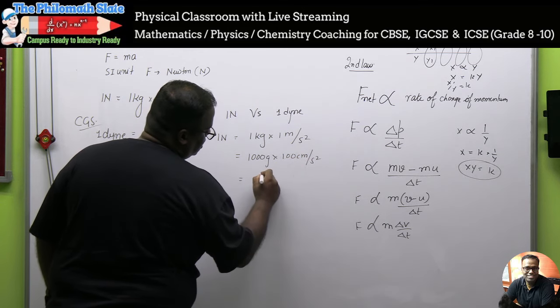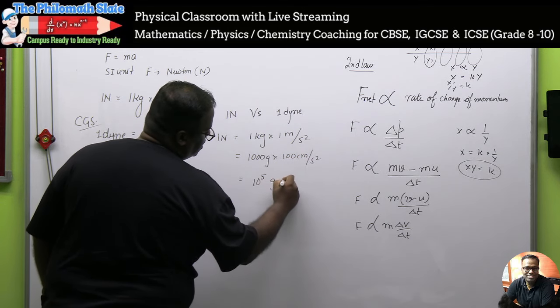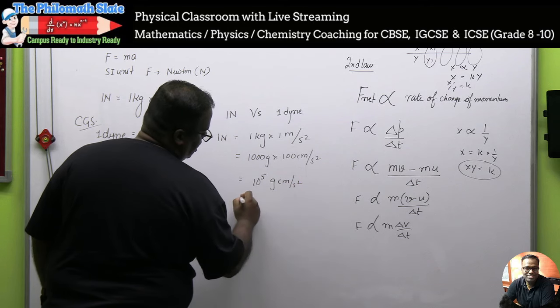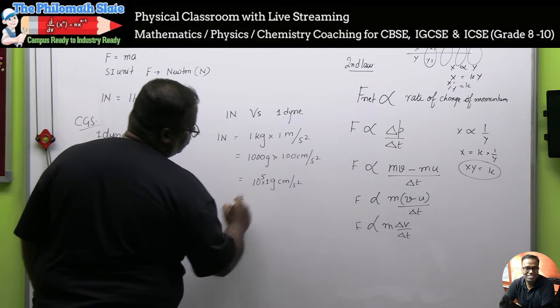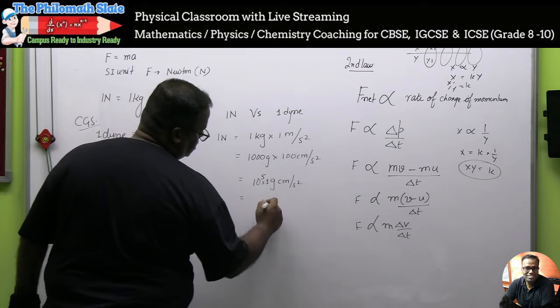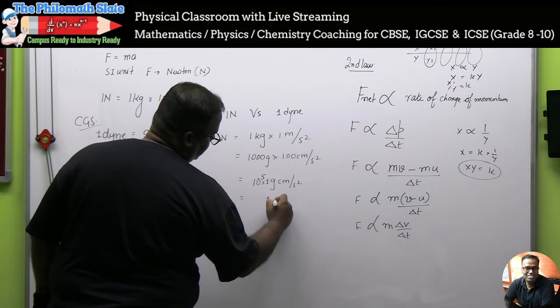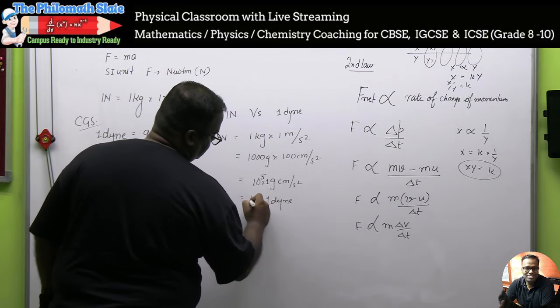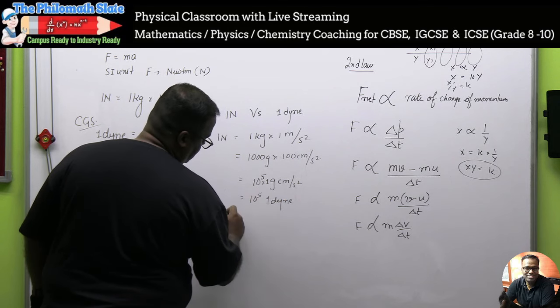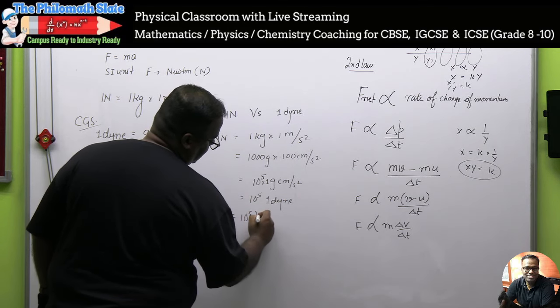This can be written as 10 to the power 5 gram centimeter per second square, and what is that? This is nothing but 1 dyne, है ना? So 1 Newton equals 10 to the power 5 dynes.